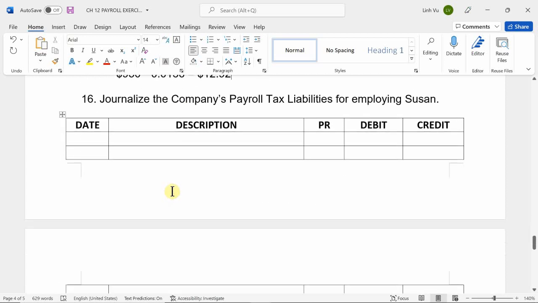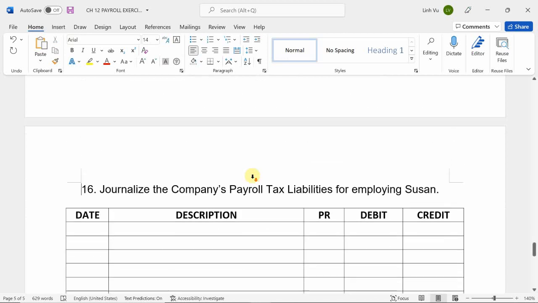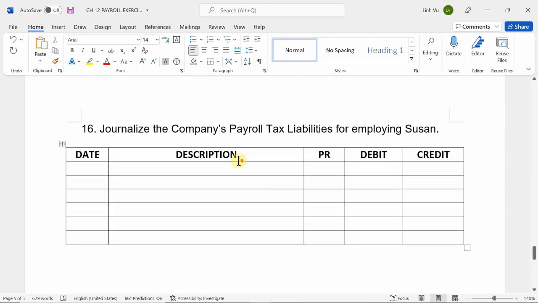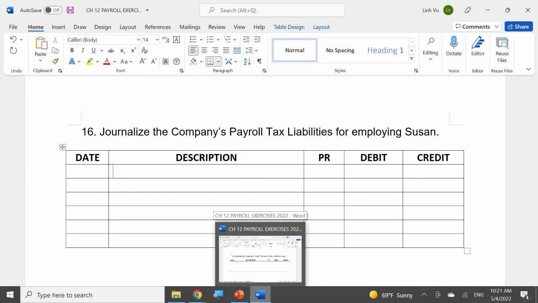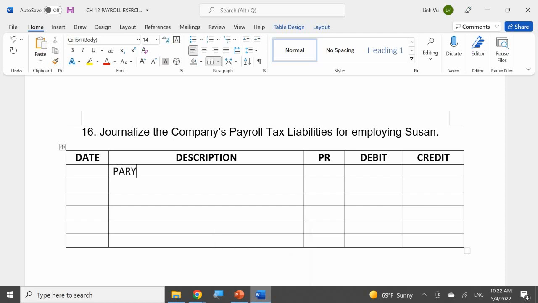Okay, so then what do I need to do? How do I journalize the company's portion of the payroll tax liabilities? Payroll tax expense. What is the company responsible to pay?